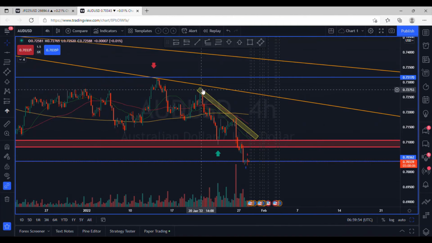So again, for me, you've got touch, touch, and you've actually got a close below my rectangle, touch, and again, touch. So now we've seen all of this, we can actually go down to a 1-hour chart.